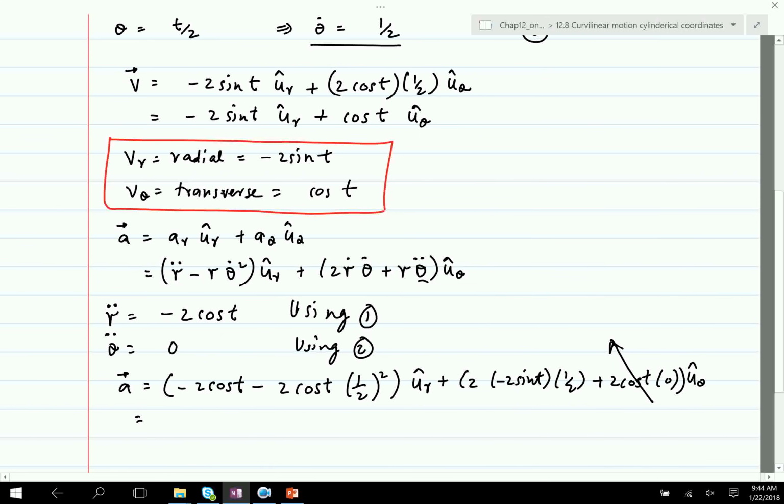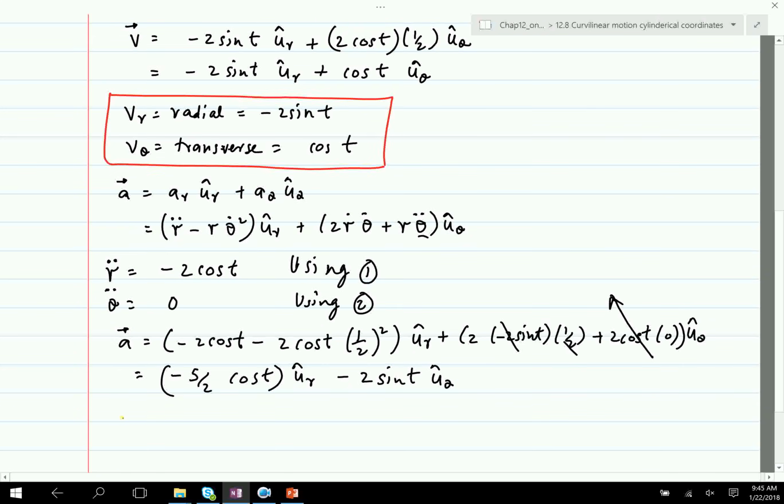So this comes out to be minus 2 minus half, so it's minus 5 divided by 2 cosine t ur, and that's minus 2 sine t u theta.